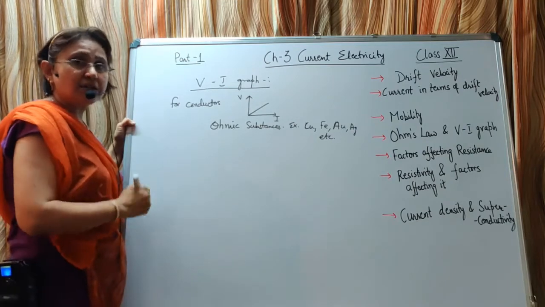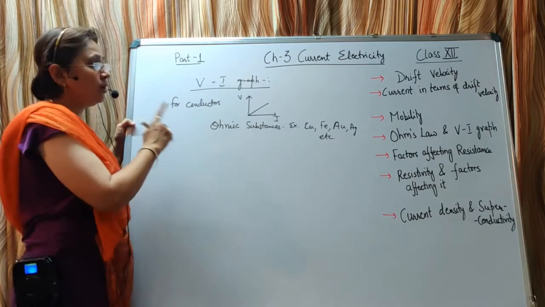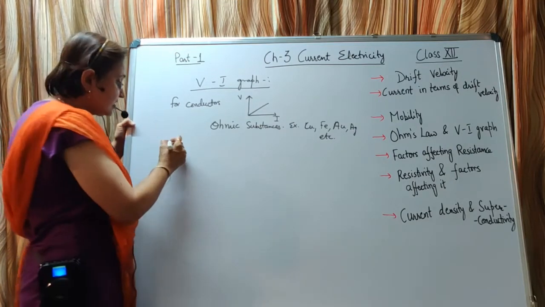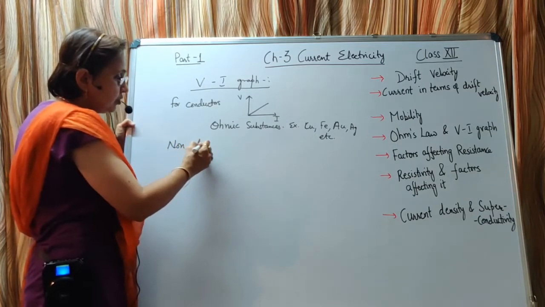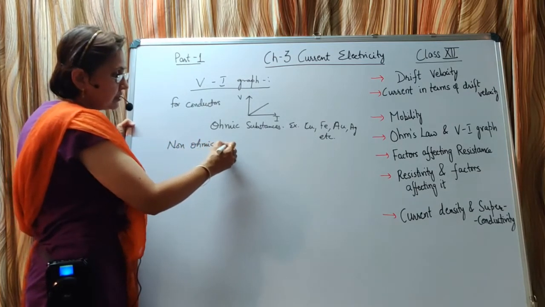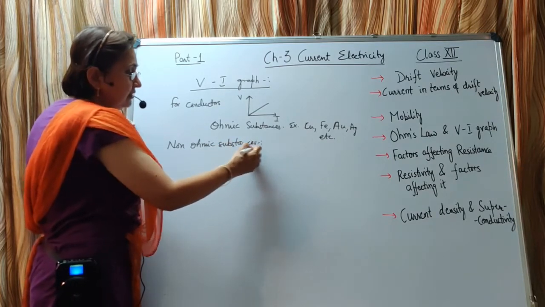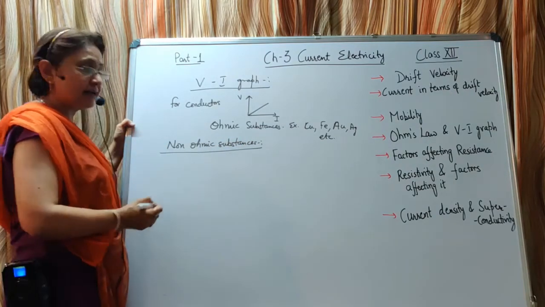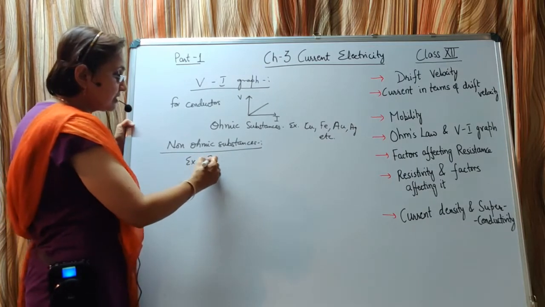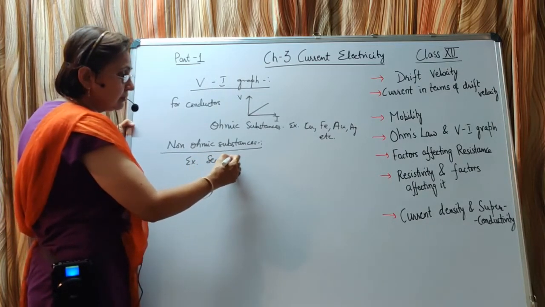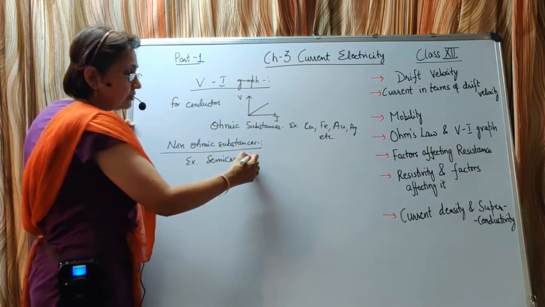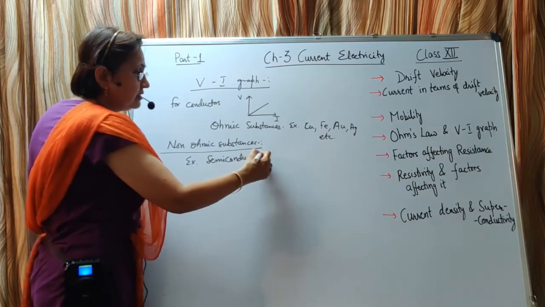But there are some substances which do not obey Ohm's law, and such substances are called non-ohmic substances. Their VI graph is not a straight line, and examples are semiconductor diodes, which you are going to study in the last chapter.